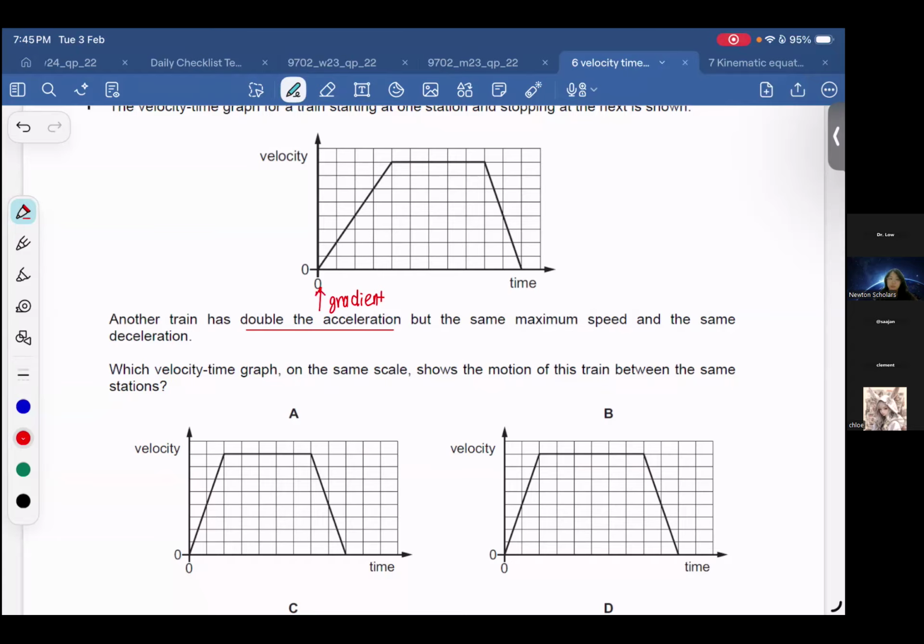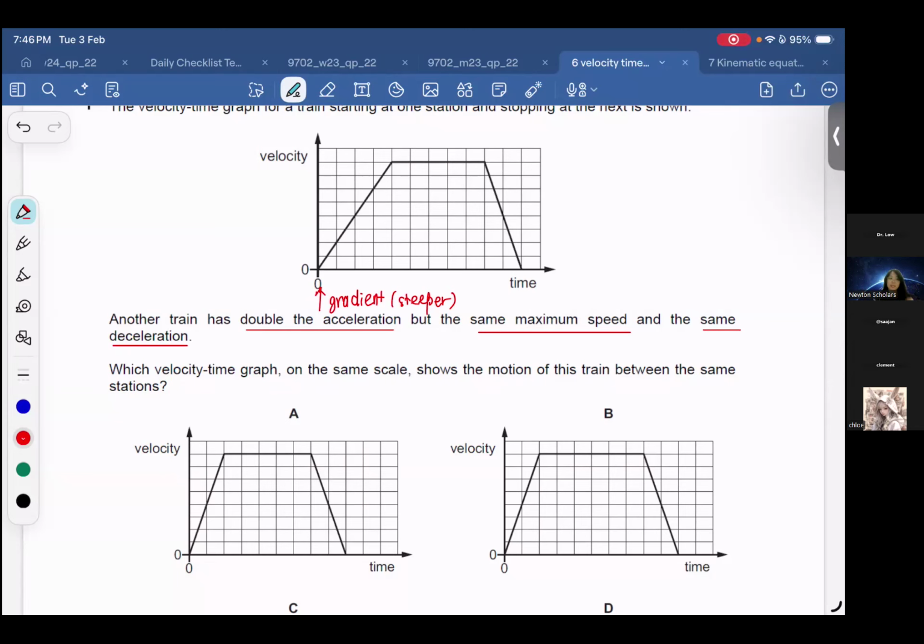Get it? So your new graph for the other train should have double the gradient, a steeper line. The line will become steeper, but with the same maximum speed and the same deceleration.